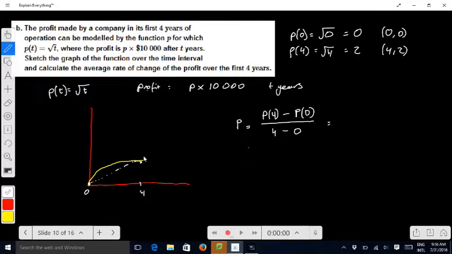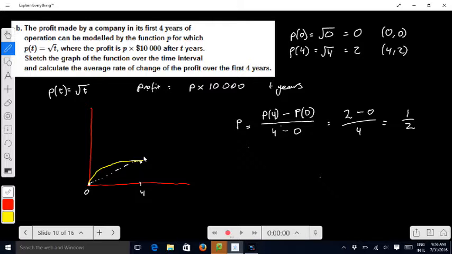So P of 4 was 2, take 0 over 4, so we have a half. So since the profit is P times 10,000, the profit is increasing at an average rate of 5,000 per year over this time interval.